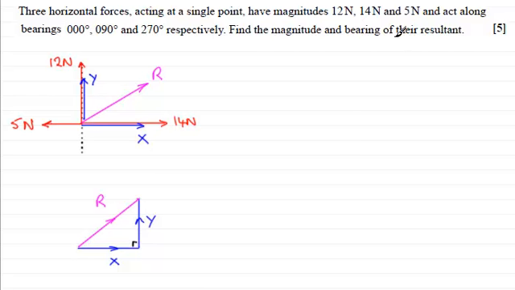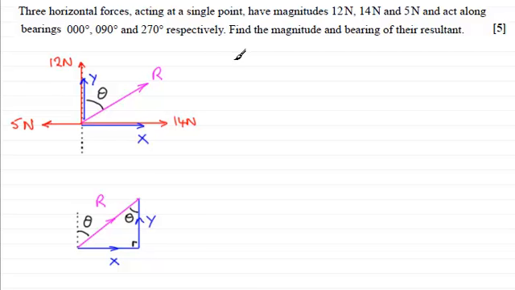And as for the bearing of the resultant, that will be this angle in here, we'll call it theta, measured from the north direction, and it is alternate to this one here. So from this triangle, I can work out theta if I know X and Y by just basic trigonometry. That's the route I'm going to take for this problem.